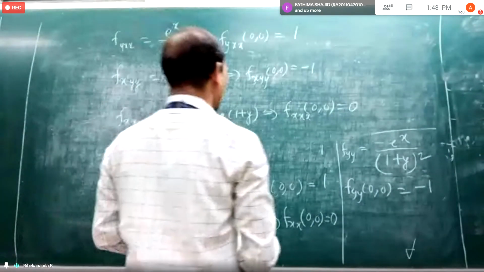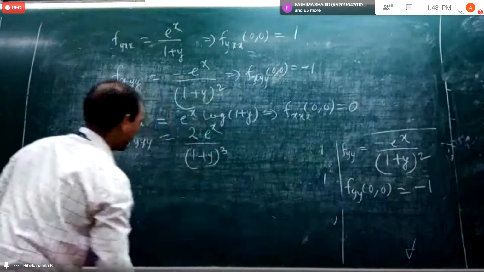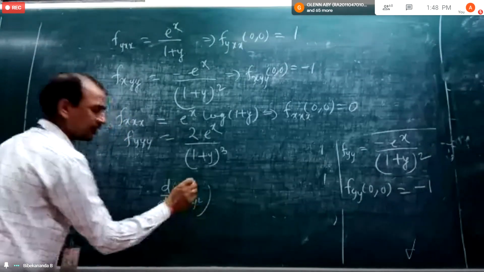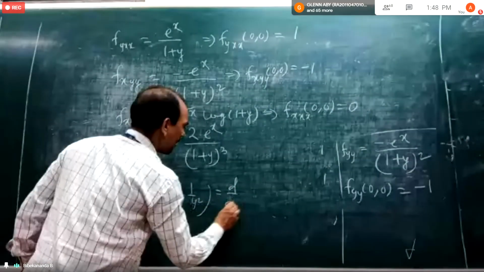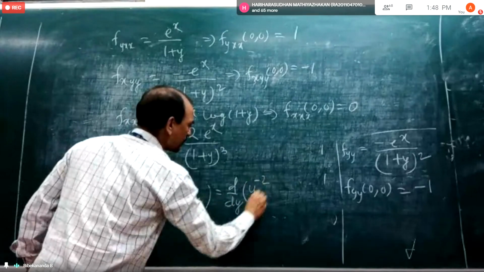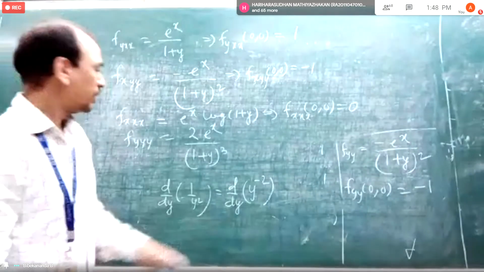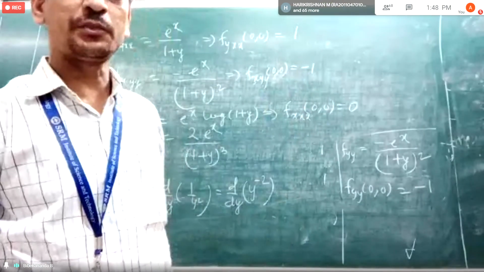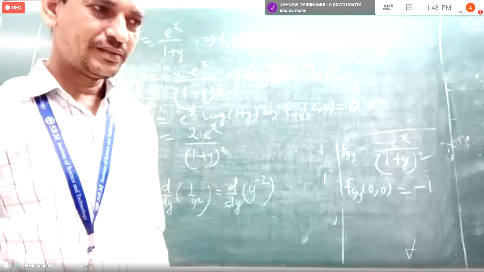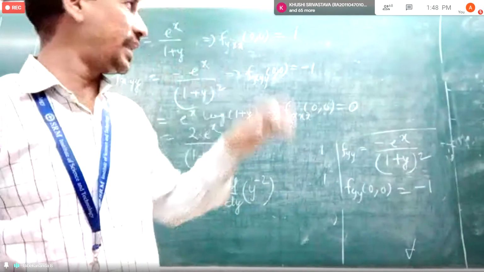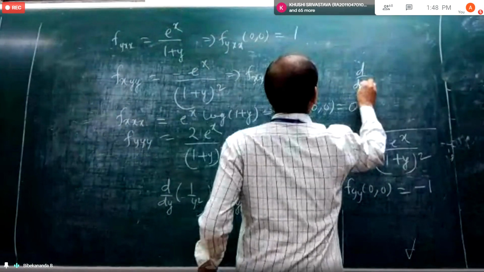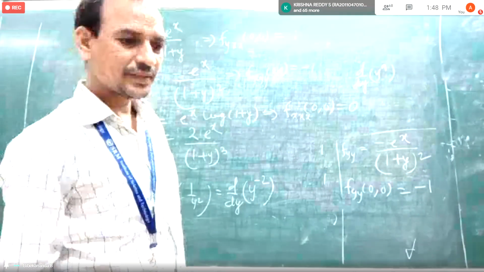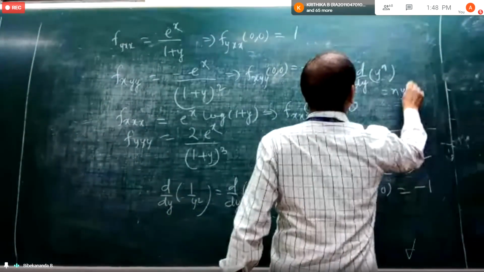Y2 is coming means, you see here, d by dy of 1 by y square is equal to d by dy of y to the power minus 2. So in place of n, you are having minus 2. What is the formula for the differentiation of y to the power n with respect to y? n into y to the power n minus 1.